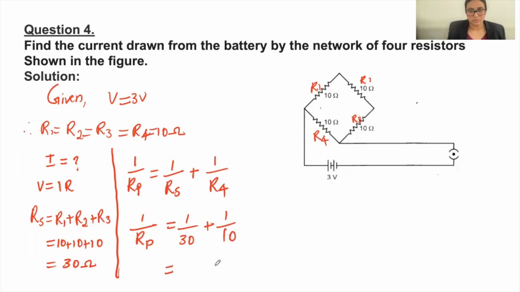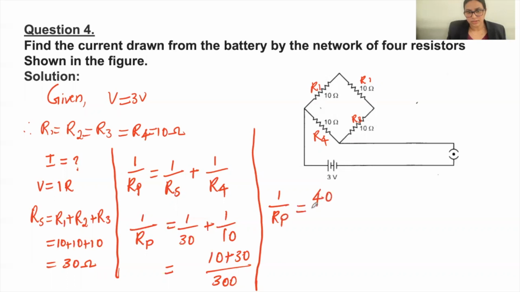If you do the calculations, what you get? 10 plus 30 divided by 300, which gives 1 by Rp is equal to 40 divided by 300. The 10 will get cancelled, or you can write it as Rp is equal to 30 divided by 4, which gives 7.5 ohm.